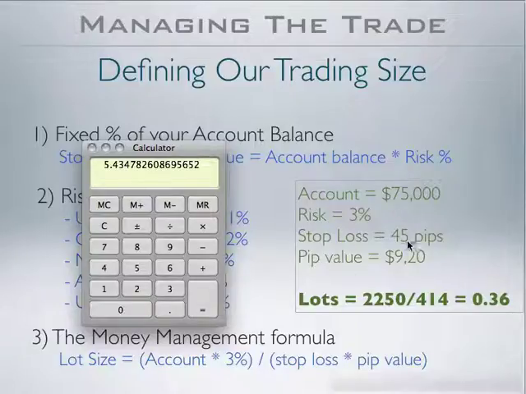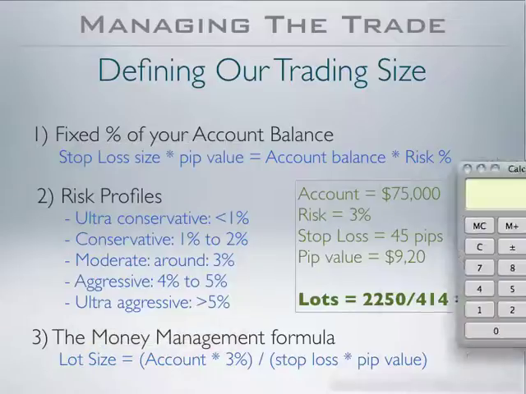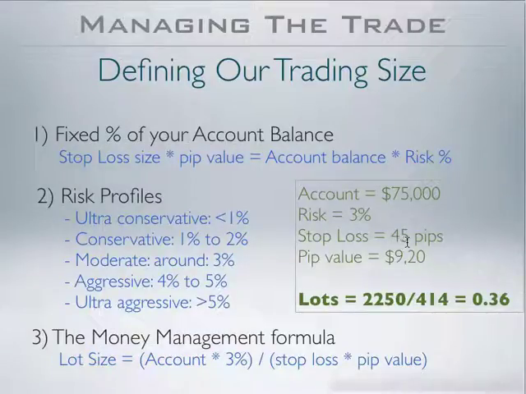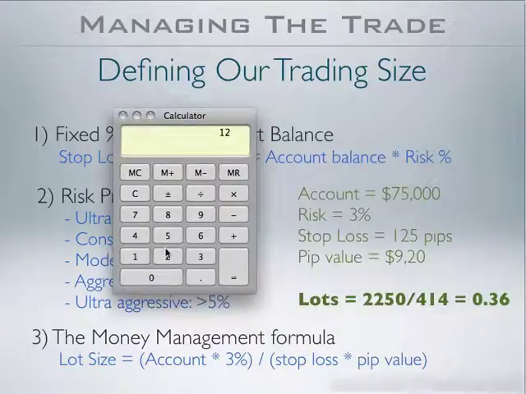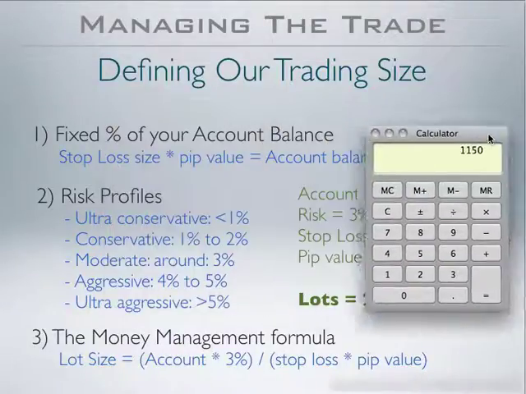On the other hand, let's imagine that instead of taking a trade where the stop loss size is just 45 pips, let's change that to 125 pips. Well, now if we multiply 125 pips times $9.20 per pip, that's 1,150.